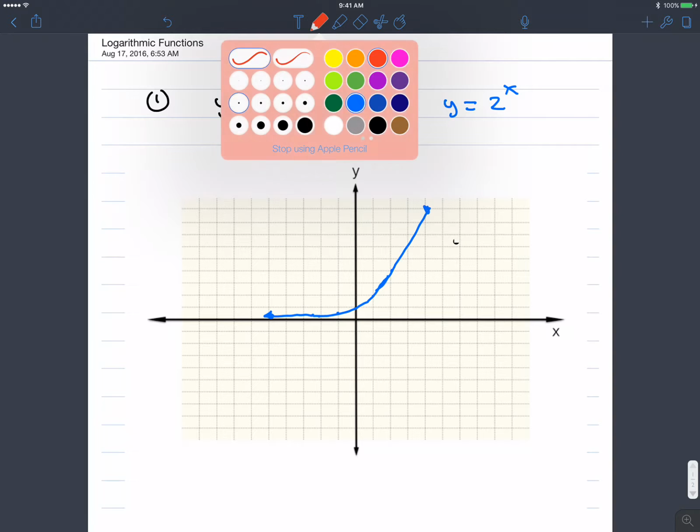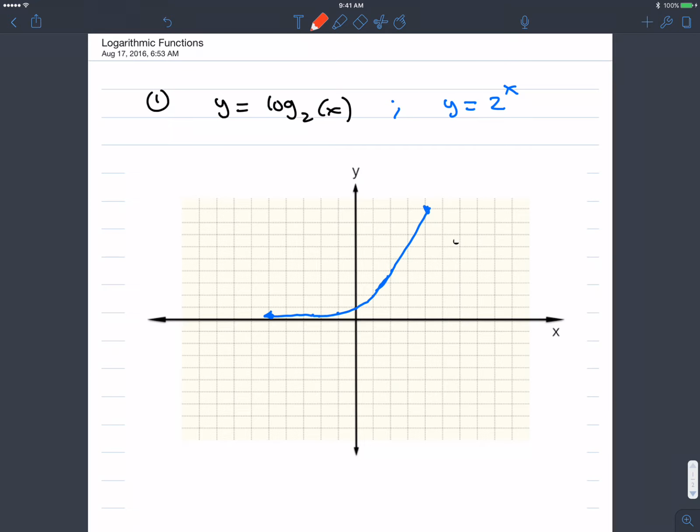The logarithmic function, just to review, is showing a reflection across the line y equals x.